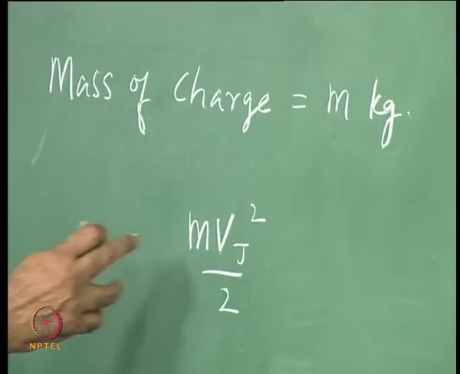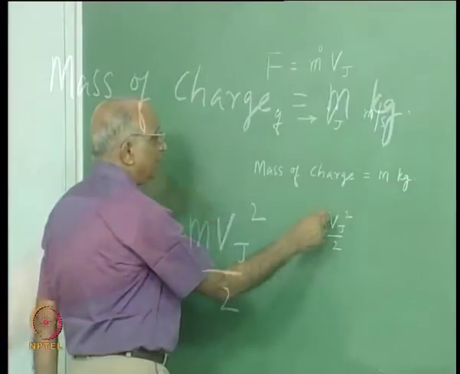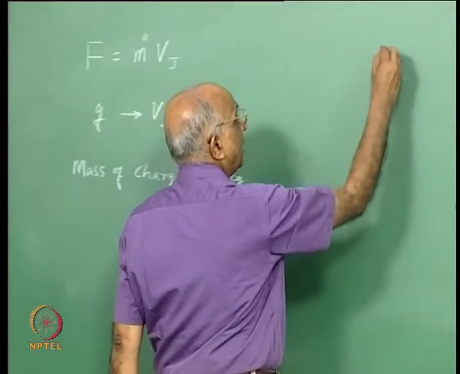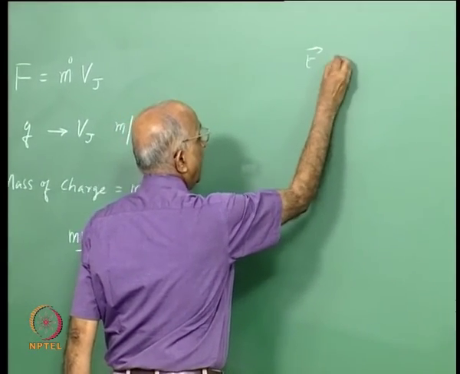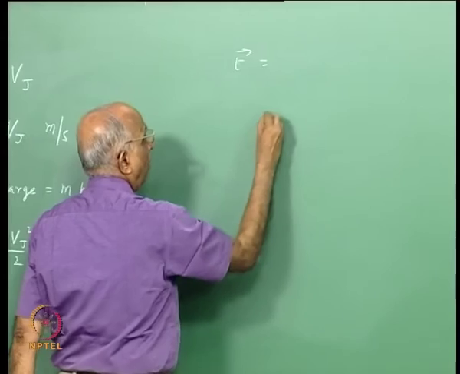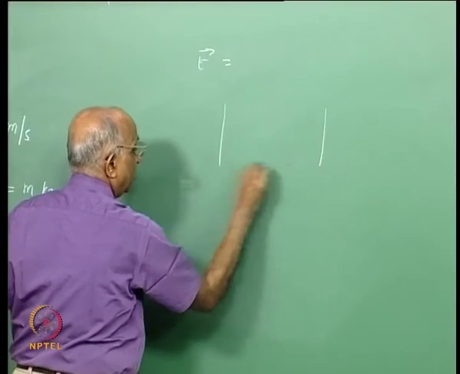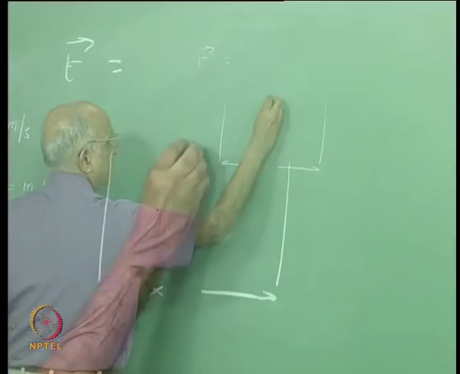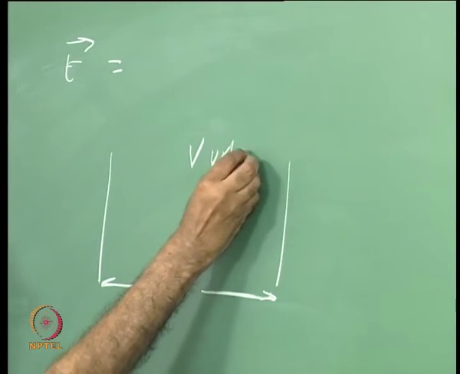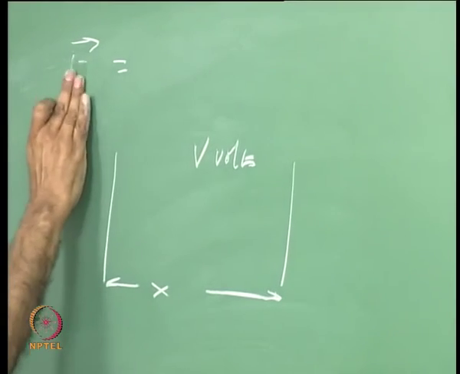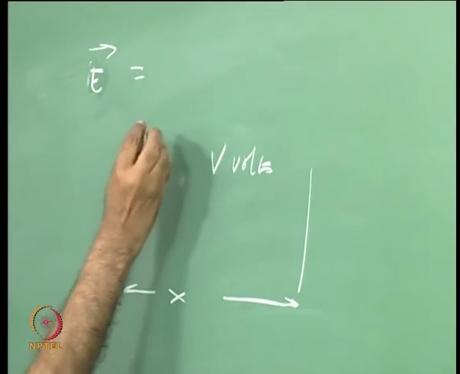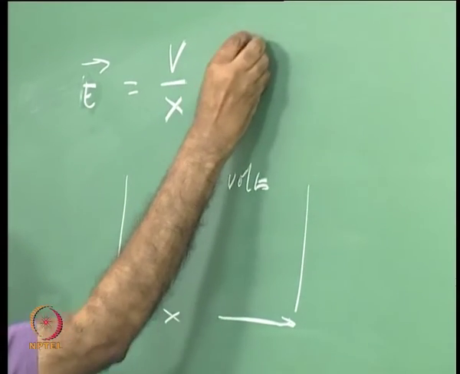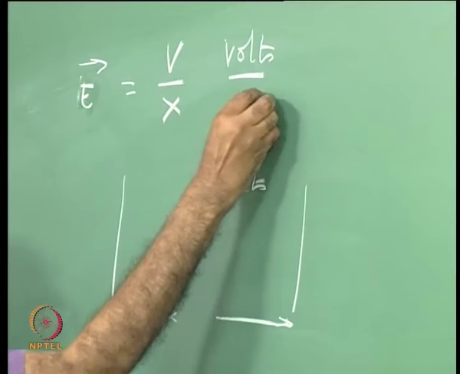We would like to relate this value to the electrical field. And how do we define an electrical field? We define the electrical field E as volts per meter, or if I have it over a particular distance, let us say x, the potential difference is, let us say, V volts, then I can write the electrical field E as equal to V volts divided by x, so much volts per meter, is the electrical field.